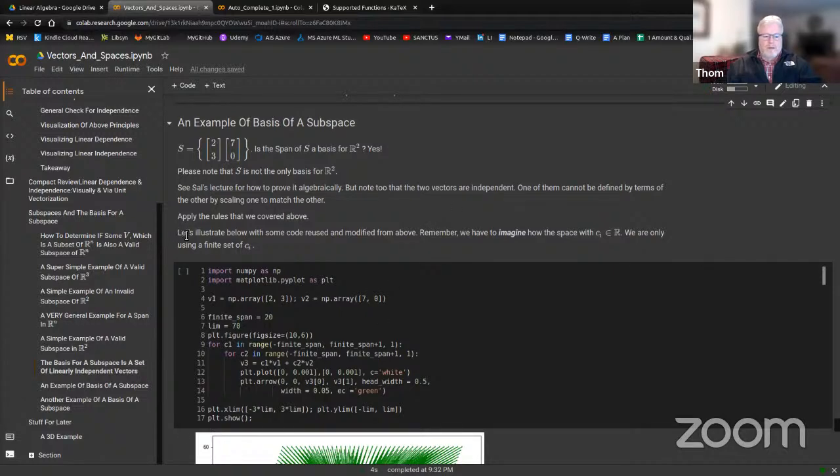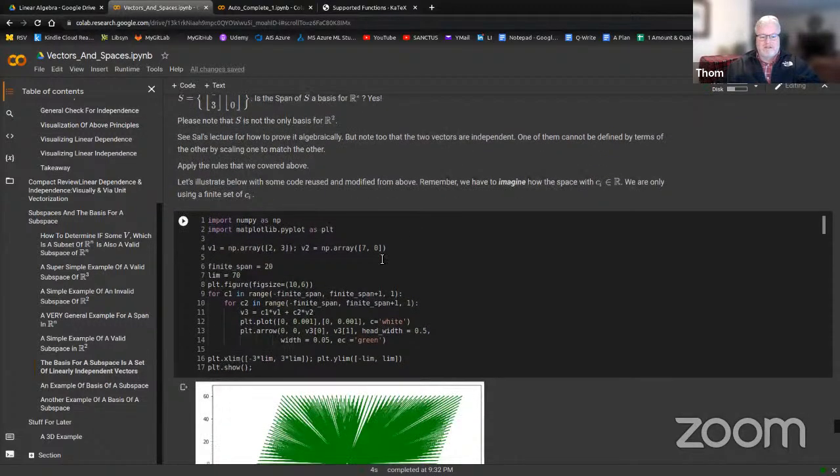So let me illustrate below with some code reused, modified from above. But remember, we have to imagine the space with the scalars of all real numbers. We're only using a finite set of the scalars.